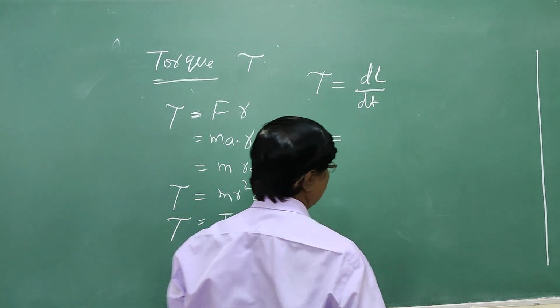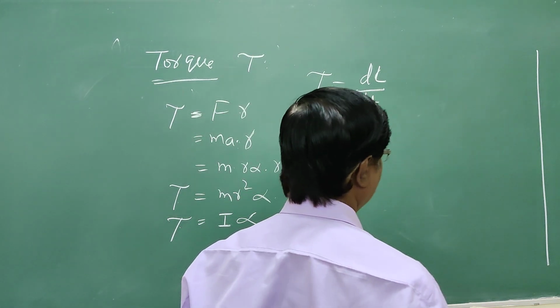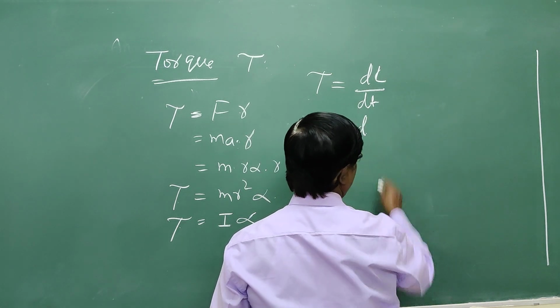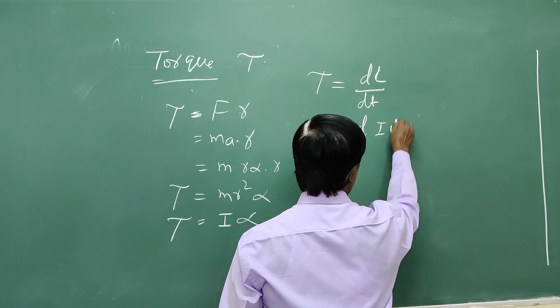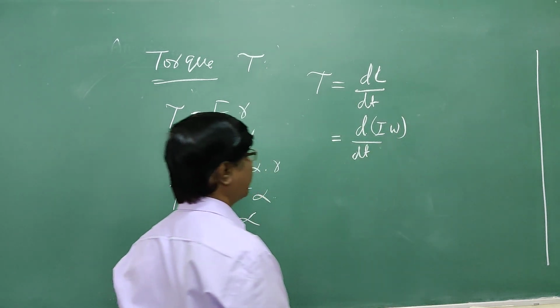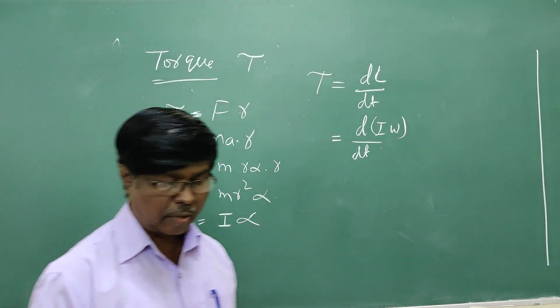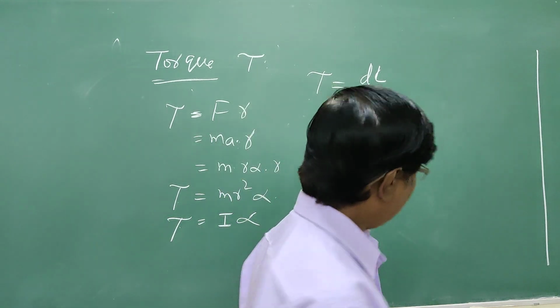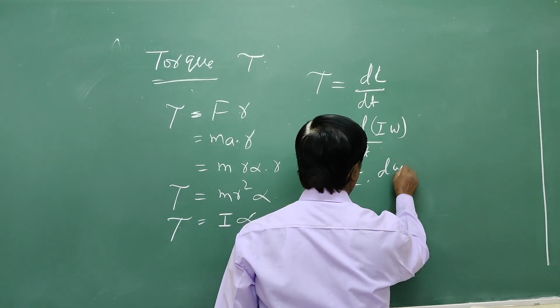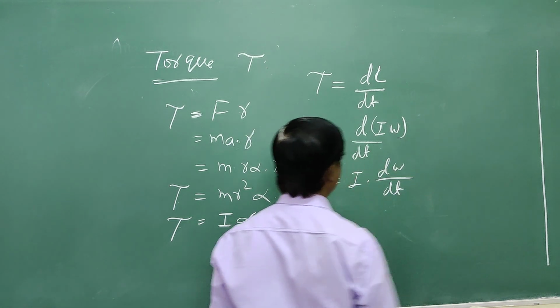What is L? L is angular momentum, which is I omega, so torque is d of I omega by dt, which can be written as I into d omega by dt.